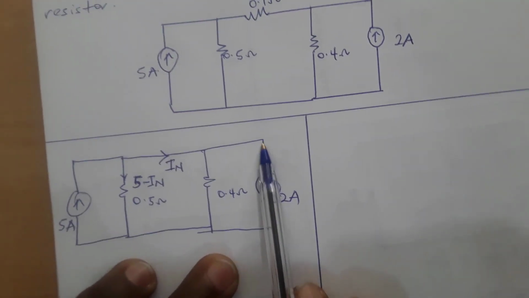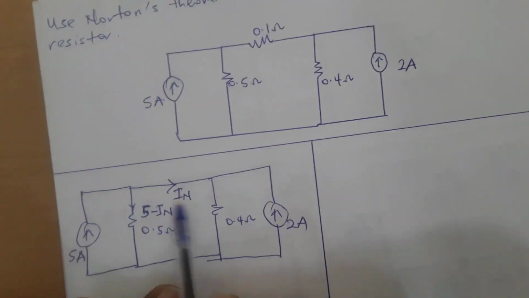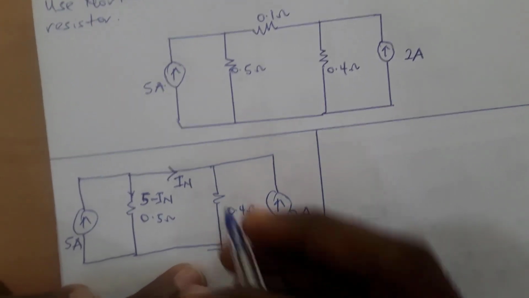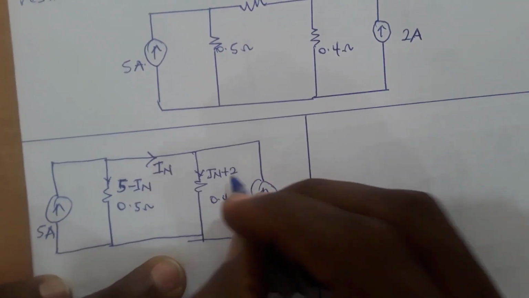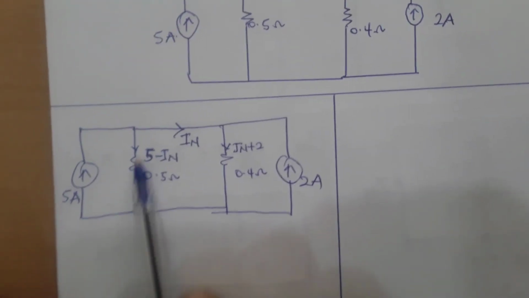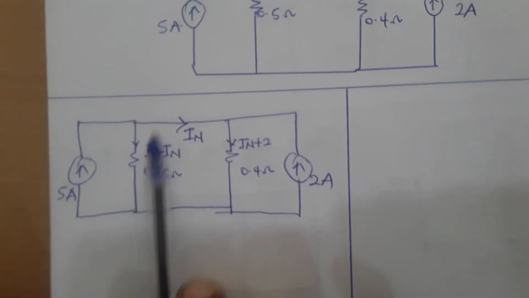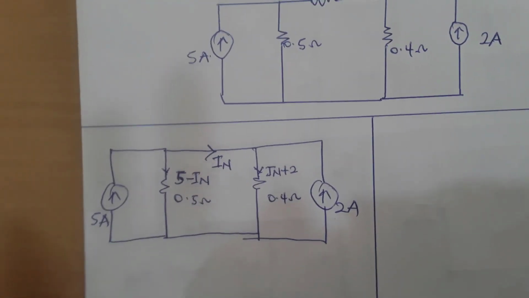When this 2 amperes flows and reaches this junction, it will meet IN. So IN plus 2 will flow through the 0.4 ohm resistor. So from here, I can write a loop equation and I should be able to find my IN. Very simple.